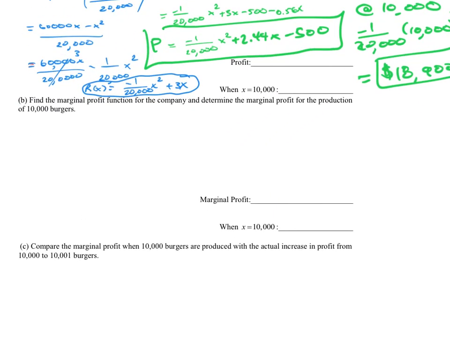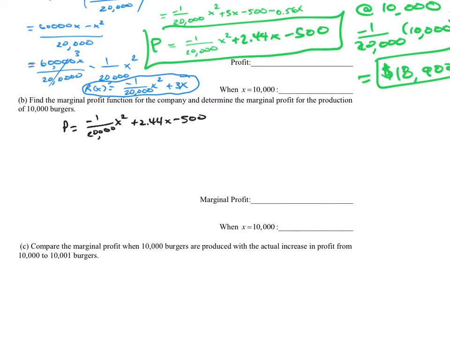It says find the marginal profit for the company and determine the marginal profit for the production of 10,000 hamburgers. So again, we know our profit function is negative 1 over 20,000 X squared plus 2.44X minus 500.